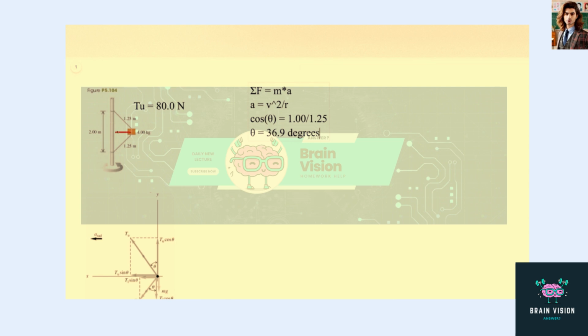Now to find r, we want to use the Pythagorean theorem. 1.25 squared is equal to r squared plus 1 meter squared. When we rearrange, we get r squared is equal to 1.25 squared minus 1, because 1 squared is just 1.